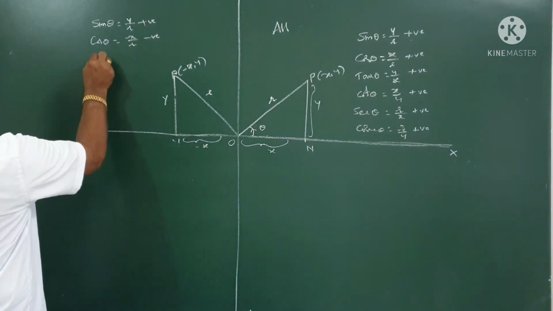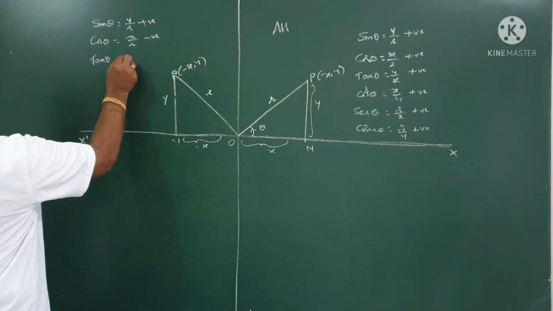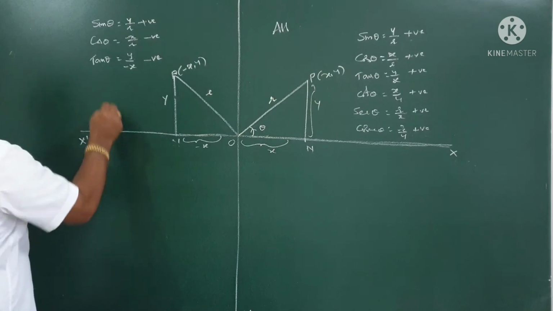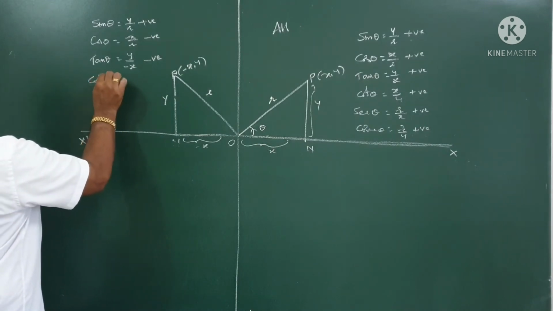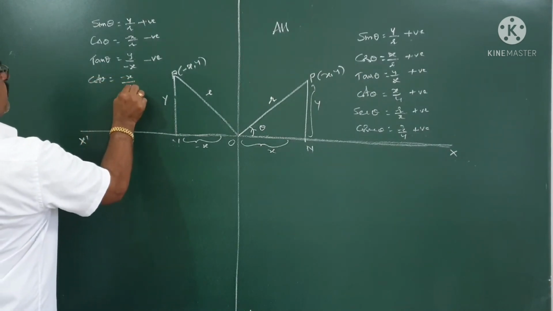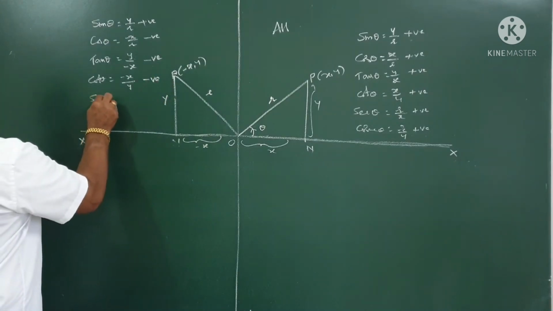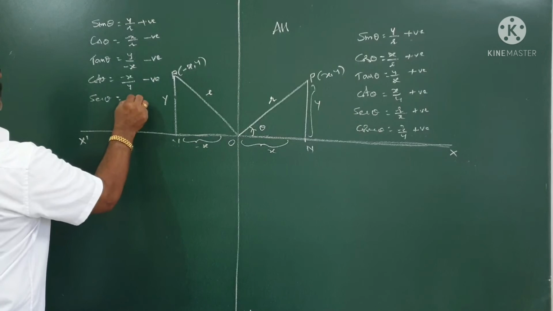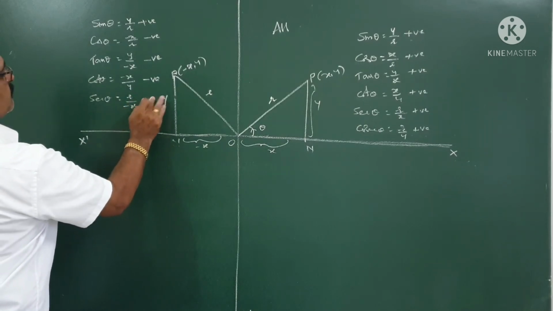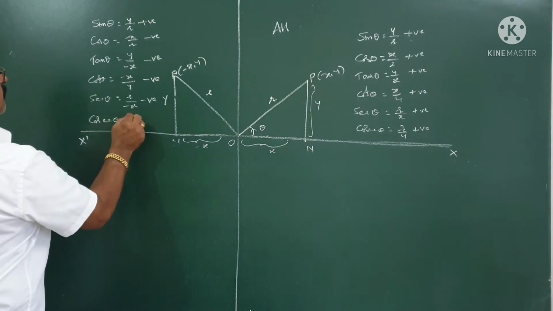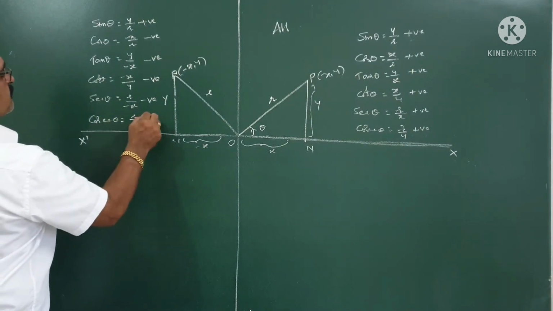Next, tan theta, y by negative x, so negative. Cot theta is negative x by y, also negative. And secant theta is r by minus x, negative. Cosecant theta, r by y, positive.